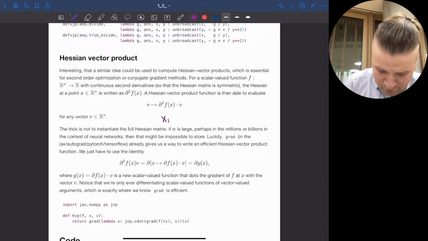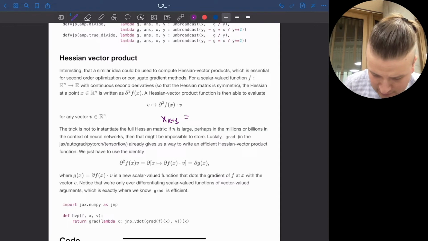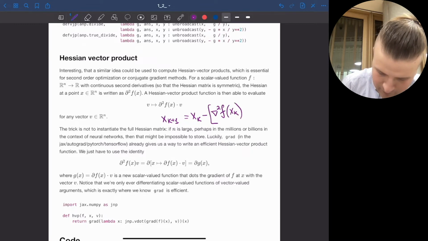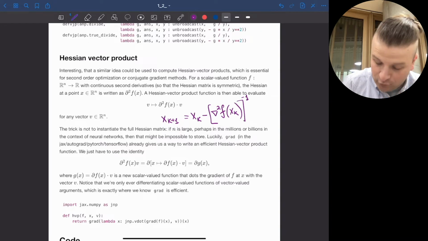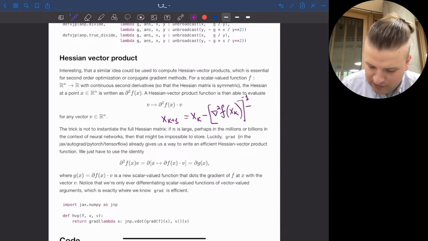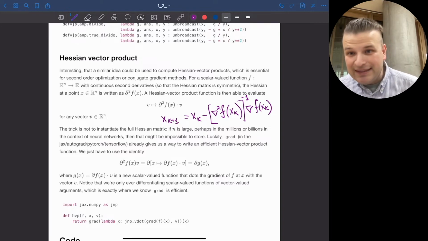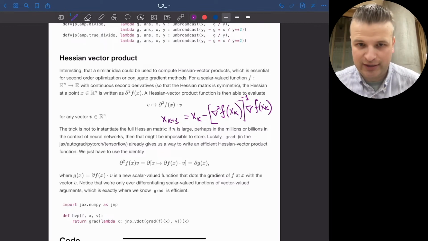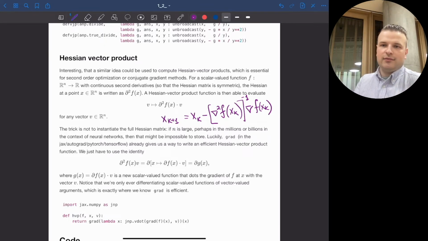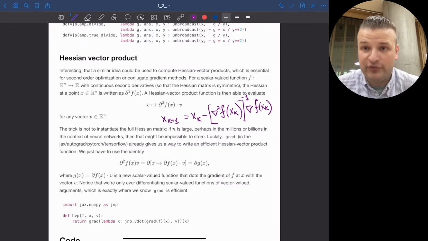So the exact formula of Newton's method is the following: the inverse Hessian matrix multiplied by a gradient vector. You actually do not need to store the Hessian or the inverse Hessian here, you need just the result of this multiplication.